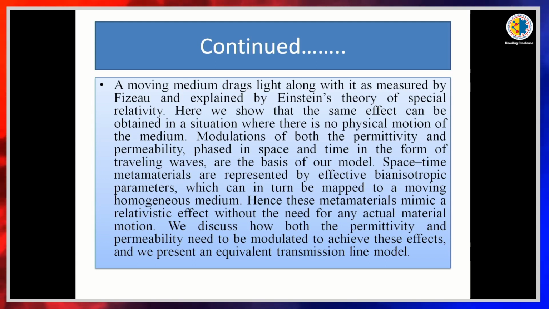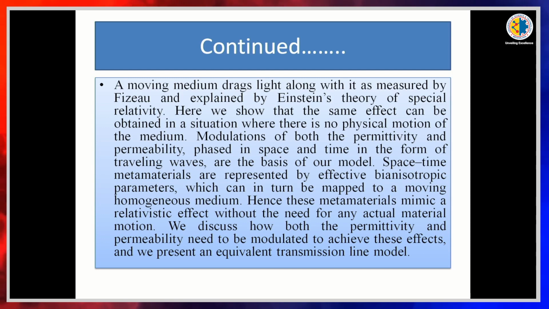Here we saw that the same effect can be obtained in a situation where there is no physical motion of the medium. Modulations of both the permittivity and permeability phased in space and time, in the form of travelling waves, are the basis of our model. Space-time metamaterials are represented by effective bianisotropic parameters, which can in turn be mapped to a moving homogeneous medium.